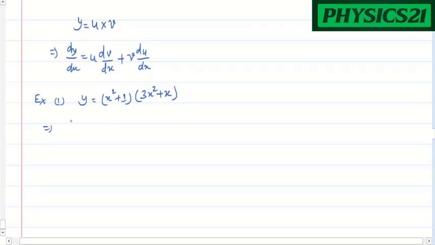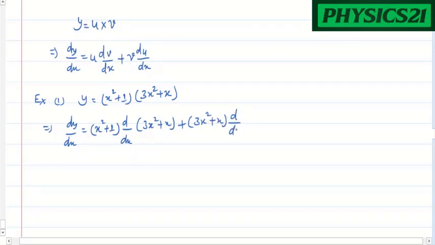To get the derivative dy divided by dx, first function written as it is, x square plus 1, multiplied by the derivative of the second function, d divided by dx of x square plus x, plus the second function written as it is, x square plus x, multiplied by the derivative of the first function, x square plus 1.